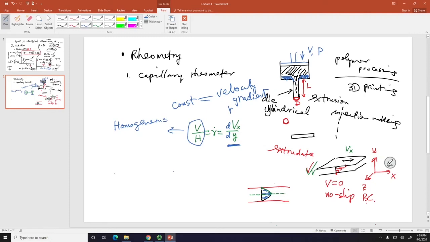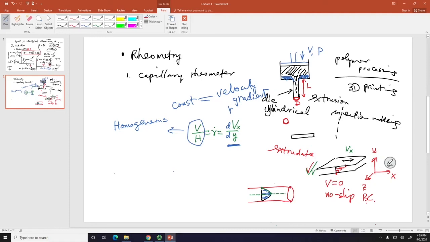So all I'm inviting you to think about is that for this capillary, you also ought to think about a velocity gradient.